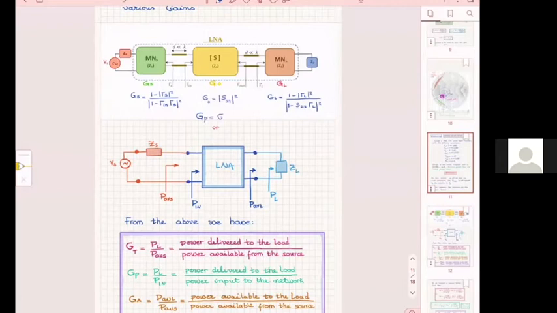It's going to be GS, G0, and GL. And if it's in pure numbers, it's going to be like that.